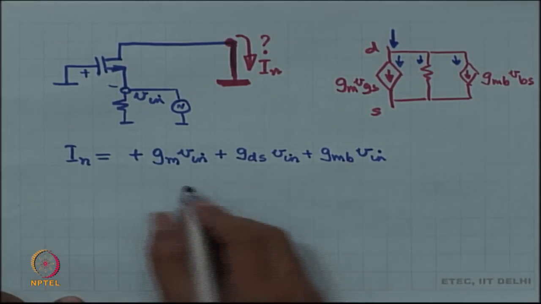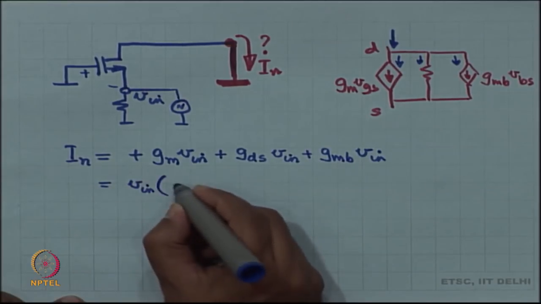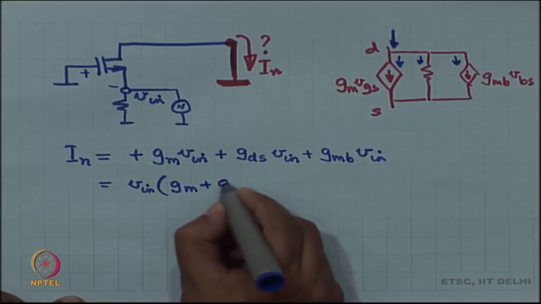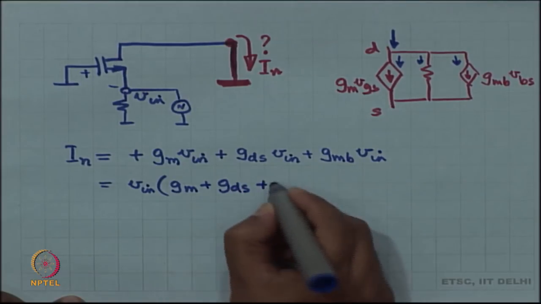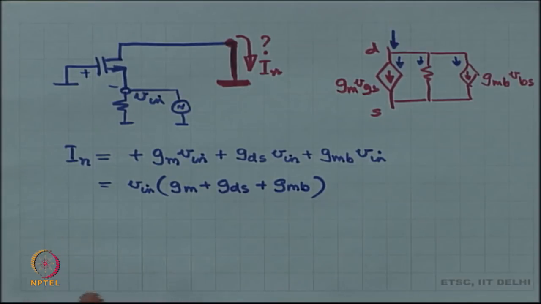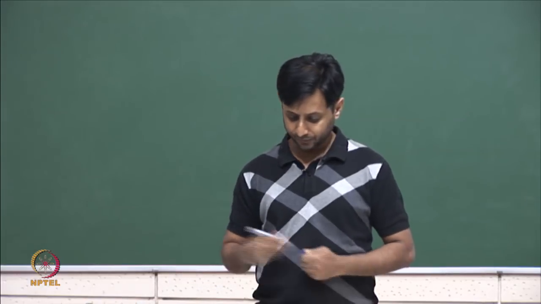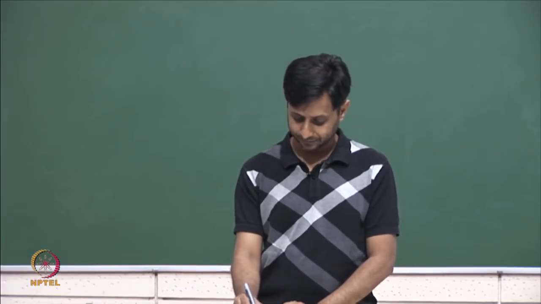So, the Norton equivalent current is V in times GM plus GDS plus GMB. Is this okay? All right. Experiment 1 is done. Now, we go to experiment 2, and in experiment 2 what we have to do is, we again think like this.